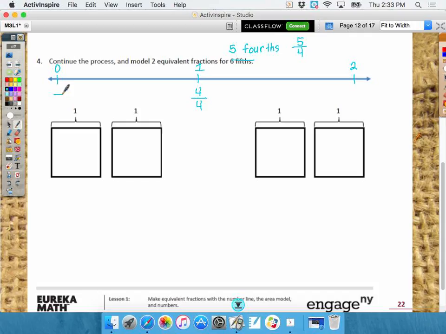Now I will go ahead and write, before I write my denominator, I need 4 equal sections between each whole number. So it will be 3 tick marks. Then I can go and write my denominator.